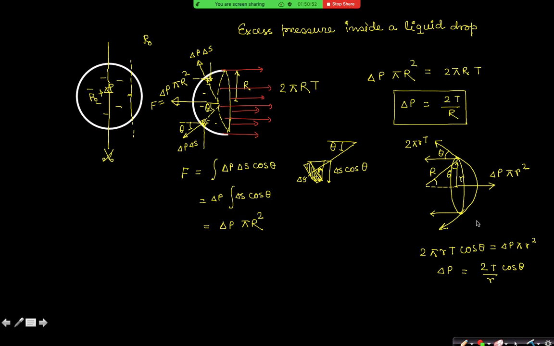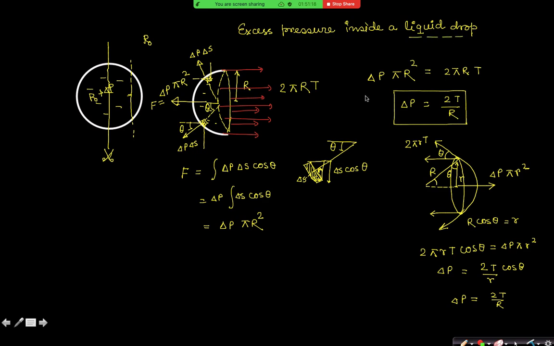If you put it, capital R cos theta equals small r, you will find the same answer, which is 2T by R. Right? So this can be done not only by cutting it through the middle, you can also do it after cutting it from any other position. Right? That was inside a liquid drop.